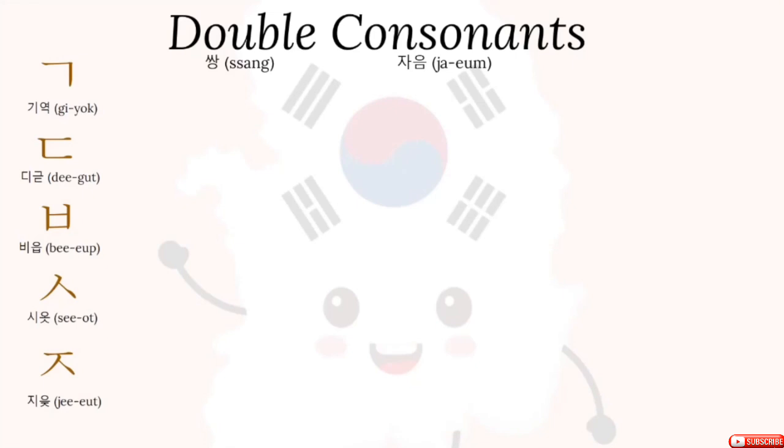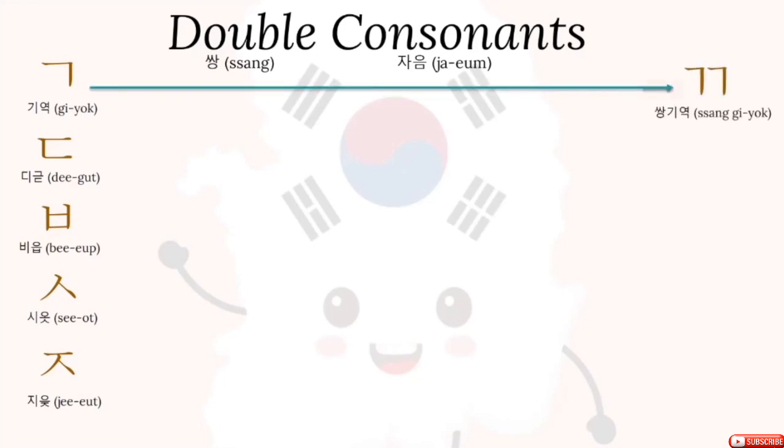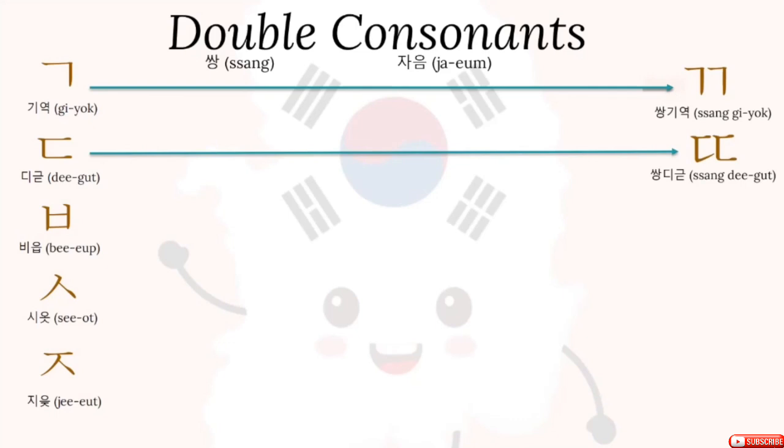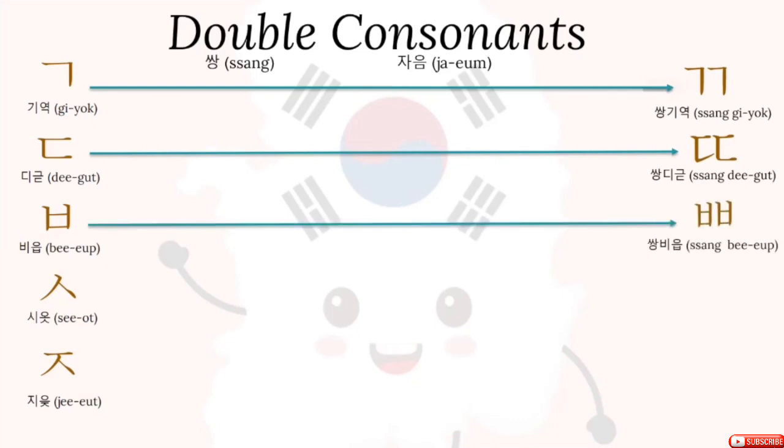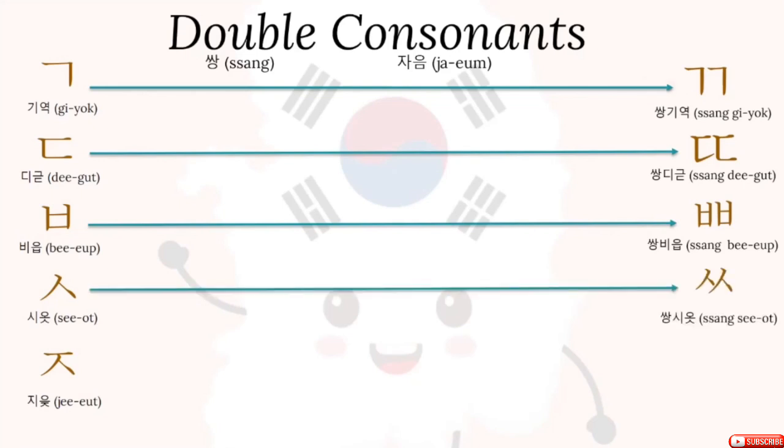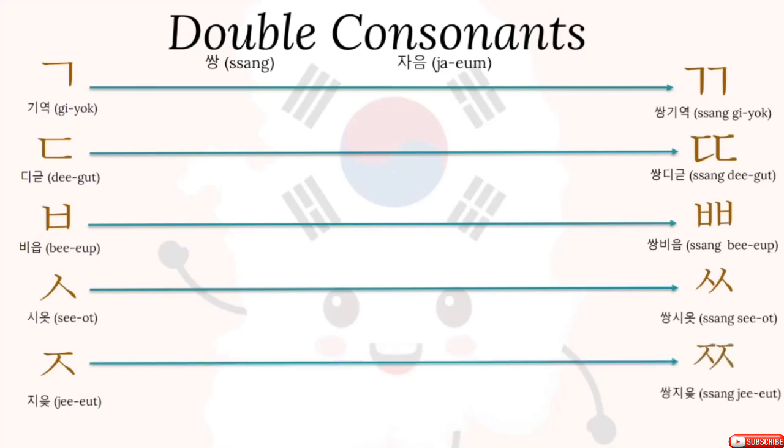First, the consonant 기역, the g sound, now doubled, is called 쌍기역. The next one is 디귿 and 쌍디귿, 비읍 to 쌍비읍, 시옷 to 쌍시옷, 지읒 to 쌍지읒.